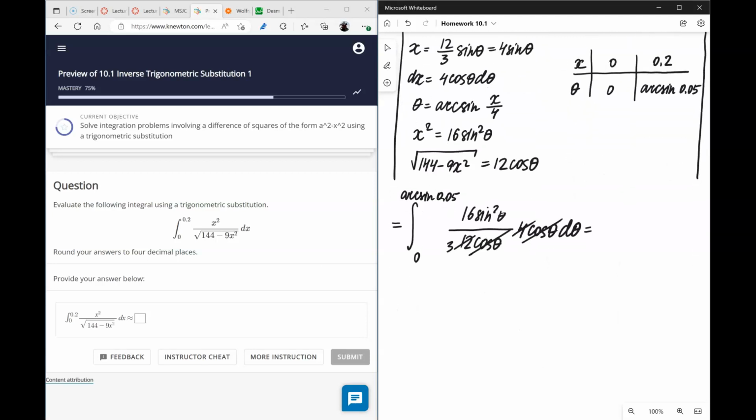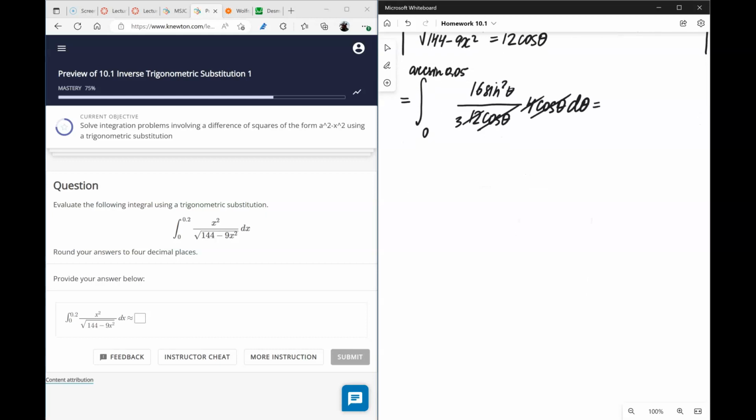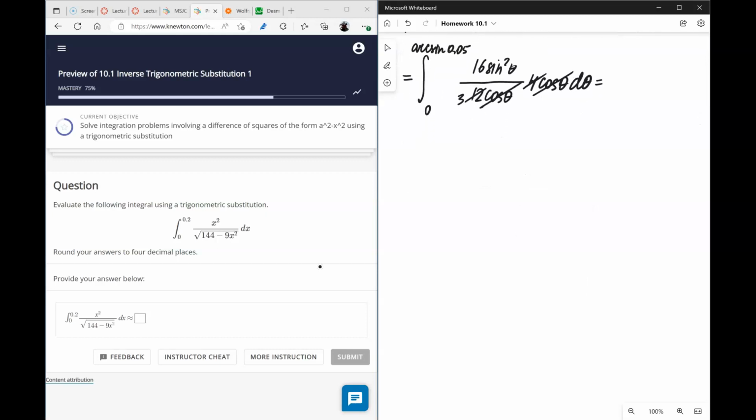And we have a new, much simpler integral. We have 16/3 integral of sine squared theta d theta from 0 to arc sine of 0.05.